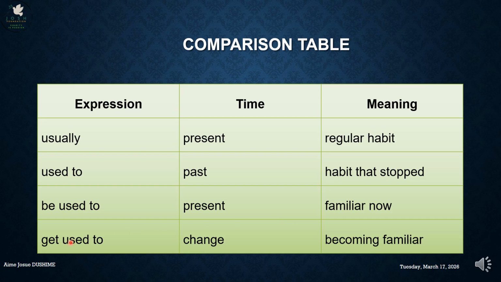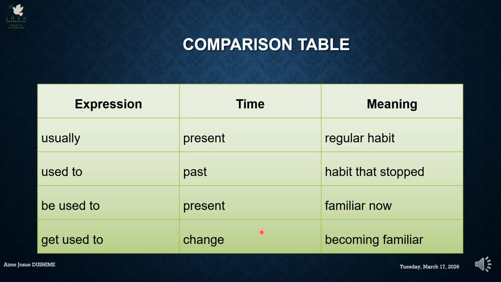Get used to, we use it in all the tenses. It can be the present, can be the past, can be the future. When you're in the present, we use is, are plus getting used to, then you add the noun or gerund.